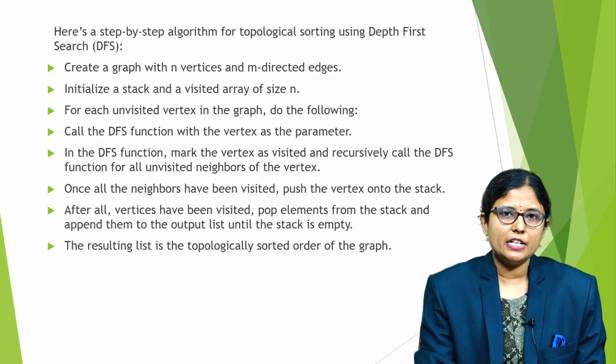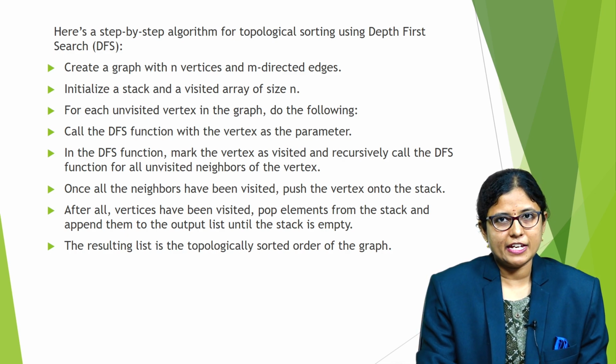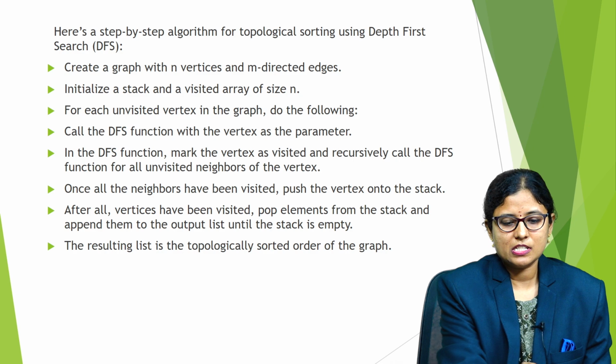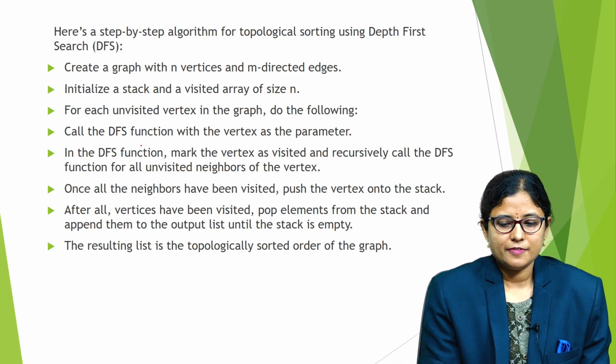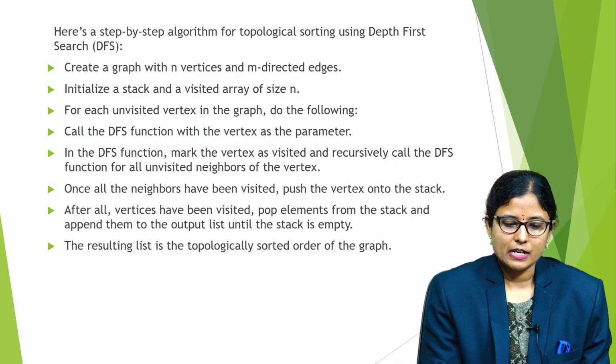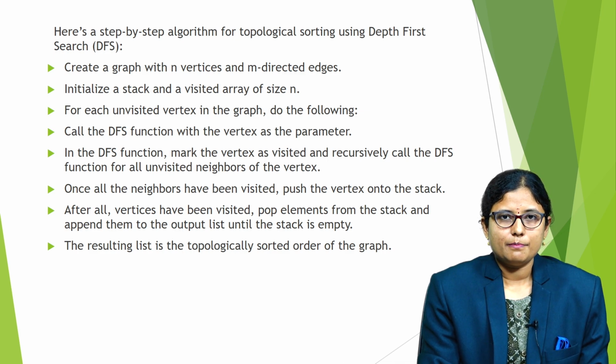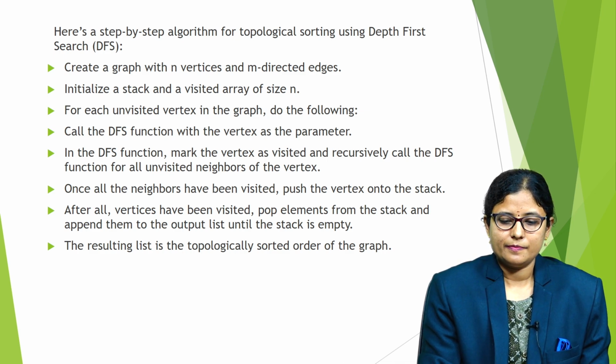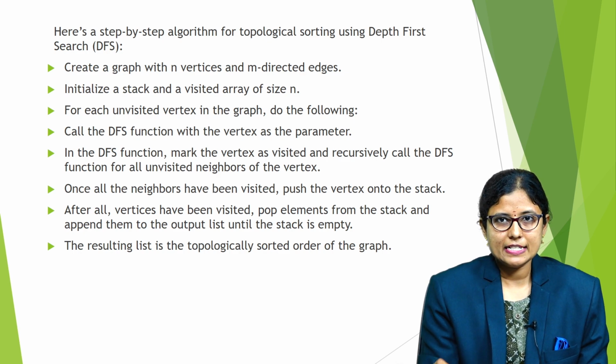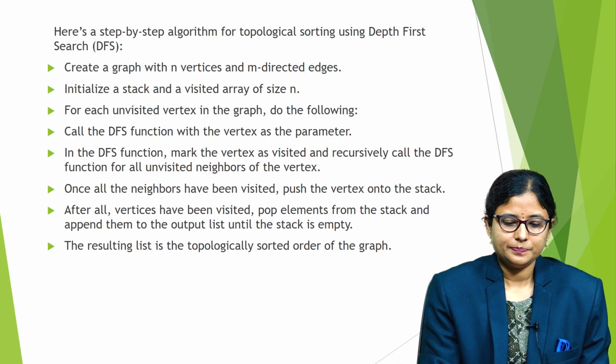So here, in order to find the topological sorting of any graph, we are using the depth first search process. In the DFS function, mark the vertex as visited and recursively call the DFS function for all its unvisited neighbors.